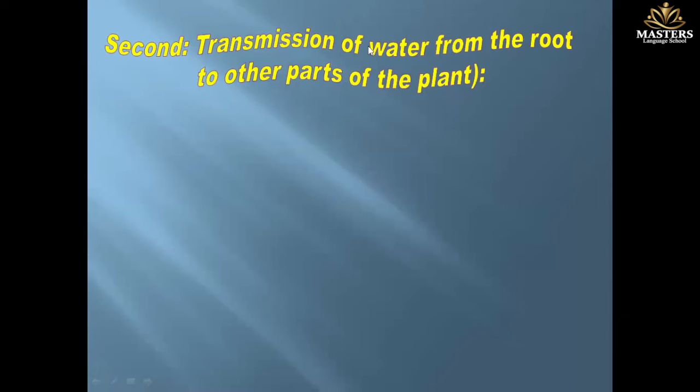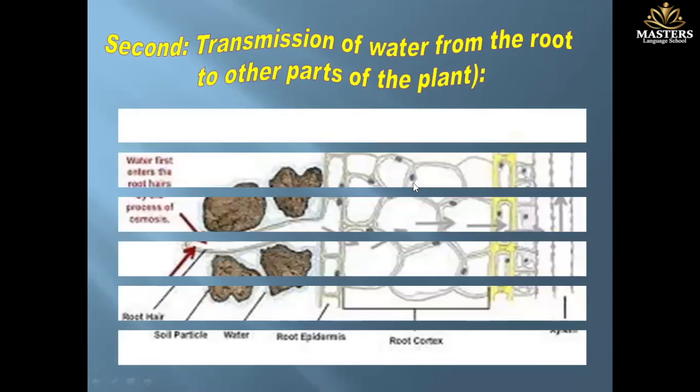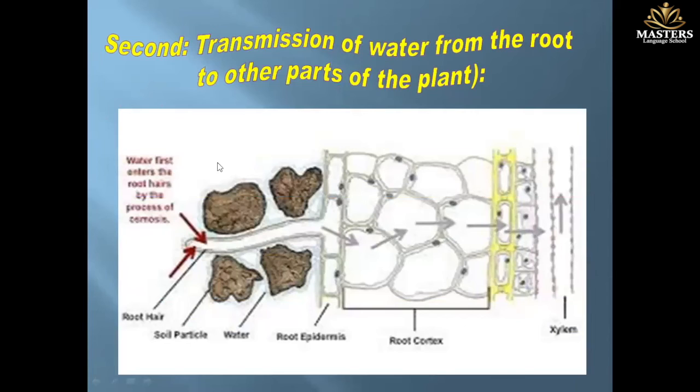Second, the transmission of water from the root to the other parts of the plant. First step, water and dissolved mineral salts are absorbed through the root hairs, in the epidermis layer of the root.